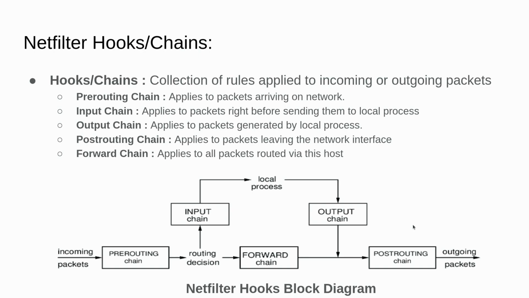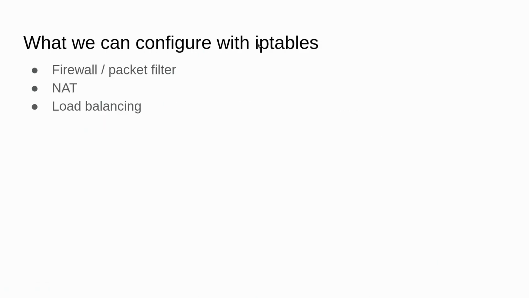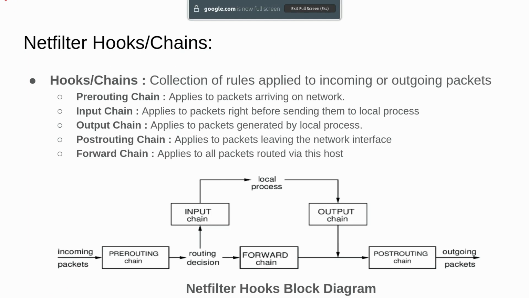These are the possible locations of the hooks where we can add rules for implementing different functionalities. These are the possible locations where we want to write the rules in.